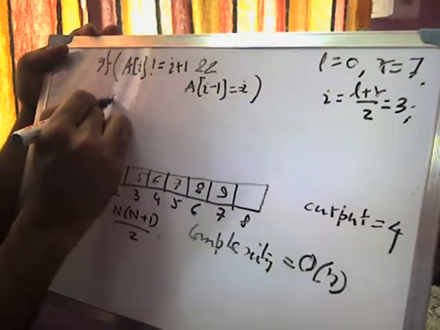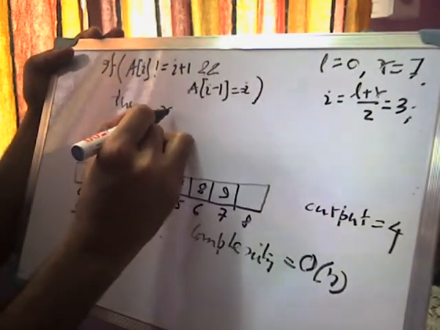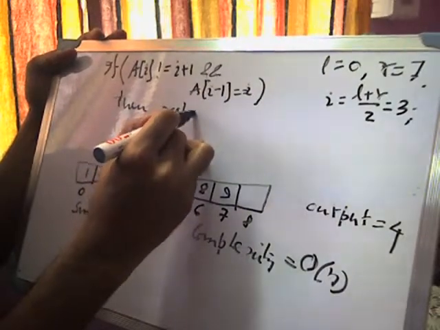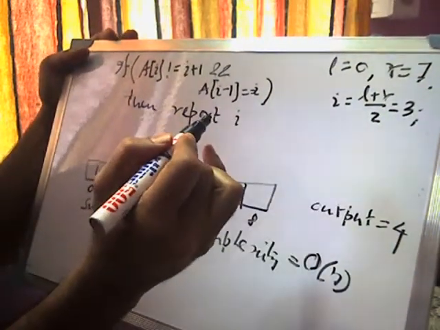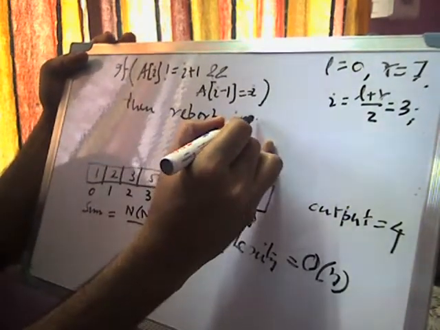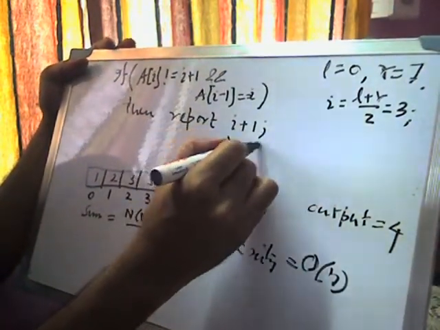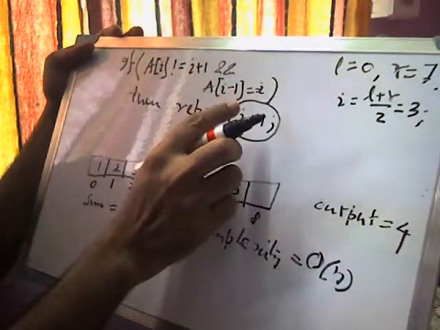Then what is happening? Then report, printf, report i plus 1. That means this i plus 1 is your missing number. Now it is clear. That means this is the terminating condition.